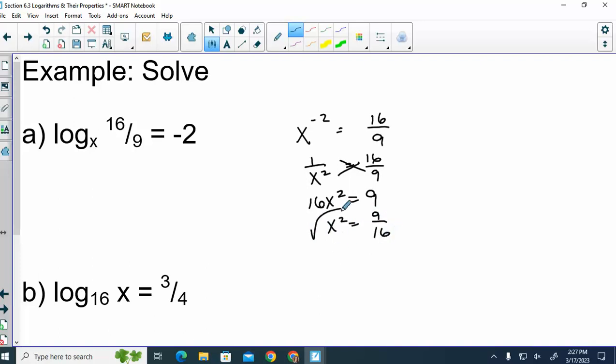Get rid of the square root, plus and minus. So we get plus and minus 3/4. Are both of those possible? This is my base. The base has to be a positive number. So 3/4 is the only answer.